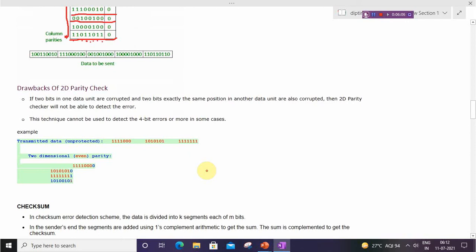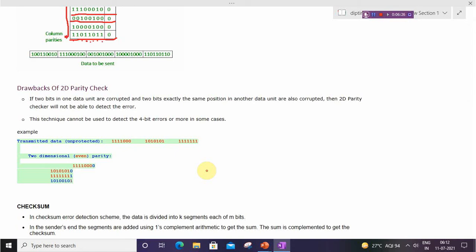Now the drawbacks of 2D parity check. If two bits in one data unit are corrupted and two bits at exactly the same positions in another data unit are corrupted, then the 2D parity checker will not be able to detect the error.